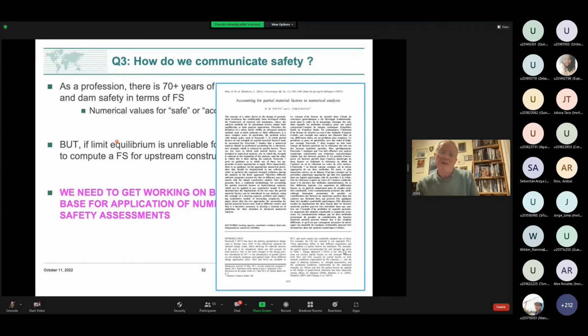But as a profession, geotechnical engineers, when one method has got 70 years of experience, but we know it's inadequate, clearly we've got quite an obligation to get working on some of these case histories with our new methods, which can do a better job of actually telling the regulators and society about the safety of these dams. Because right now, quite clearly, tailings dams are far outside the acceptable zone for society.